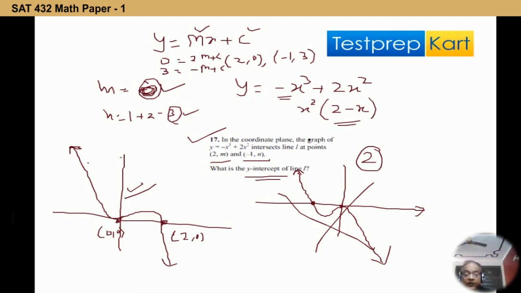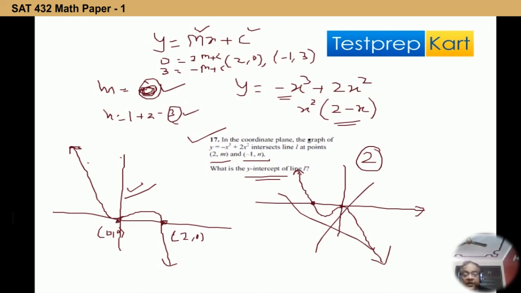Because it intersects L at the point 2, m, it will satisfy the given equation. If I substitute 2, m, I get the equation 2m plus c is equal to 0.